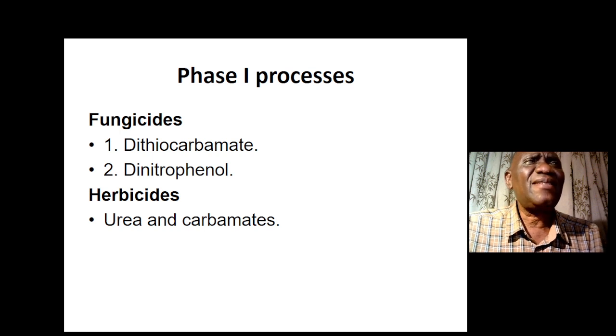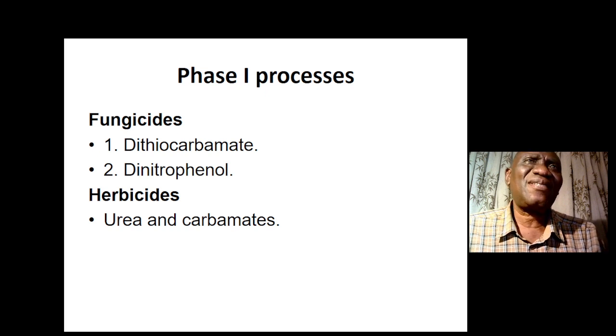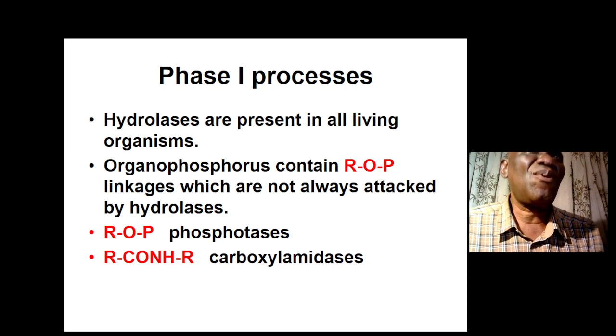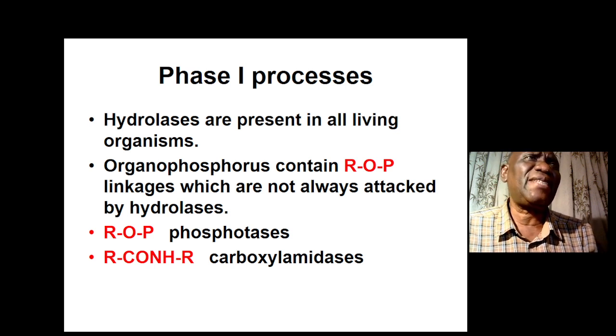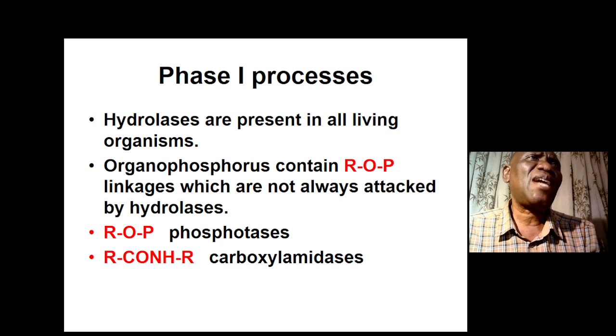For the herbicides, it's usually the urea and the carbamates which are destroyed by hydrolysis. So let us look more closely at the activity of the hydrolysis which are present in living organisms.